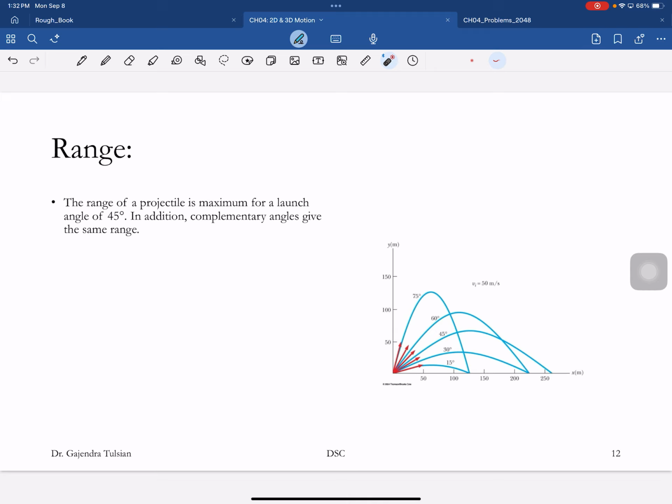What do you notice? For complementary angles, the range is the same. These are complementary angles, and of course 45 degrees is complementary to itself, so the range is the same.